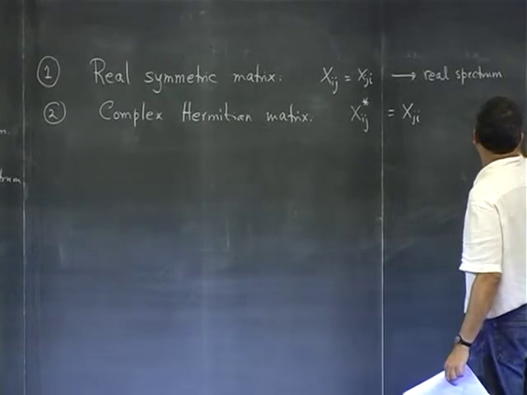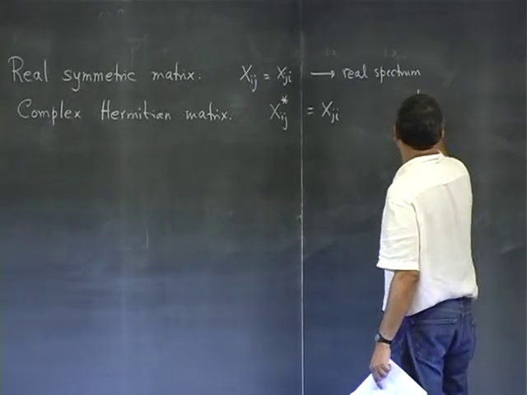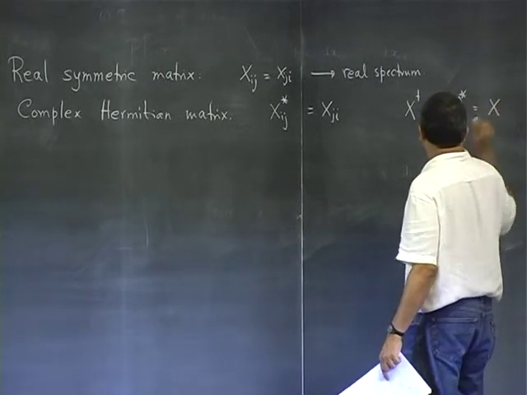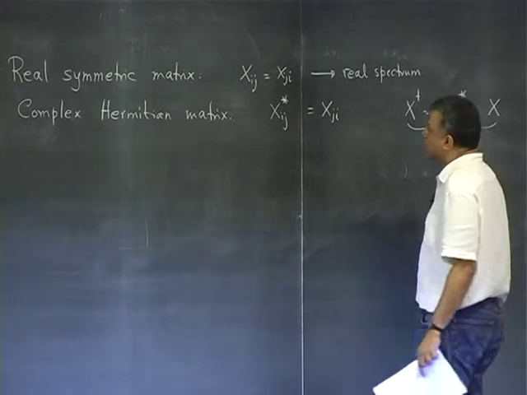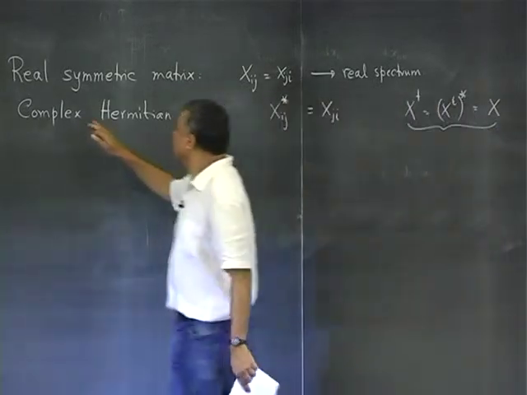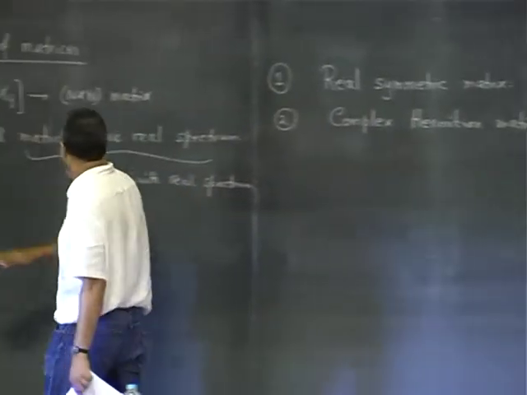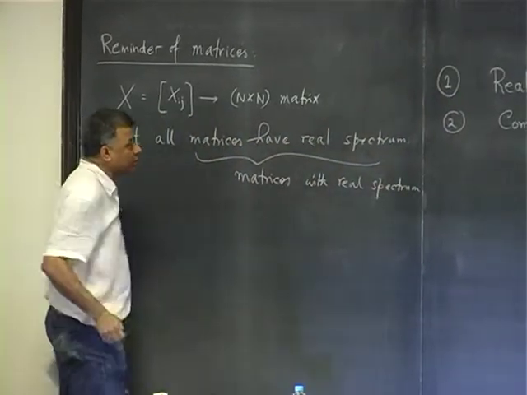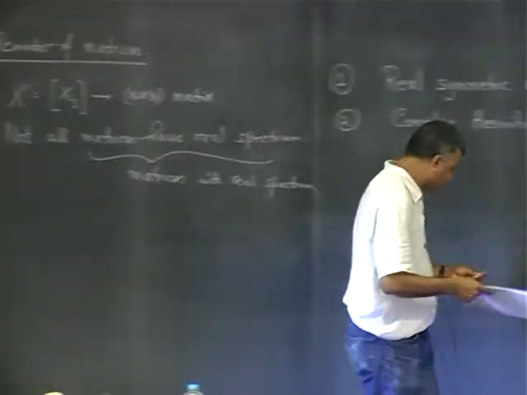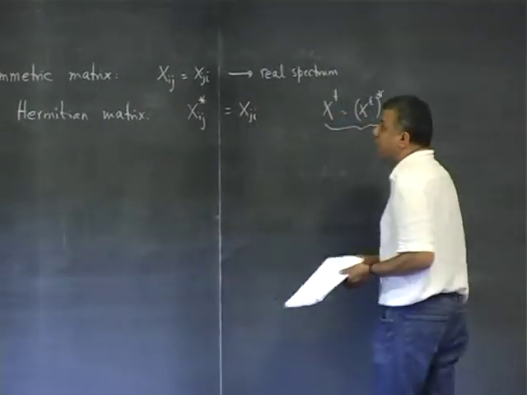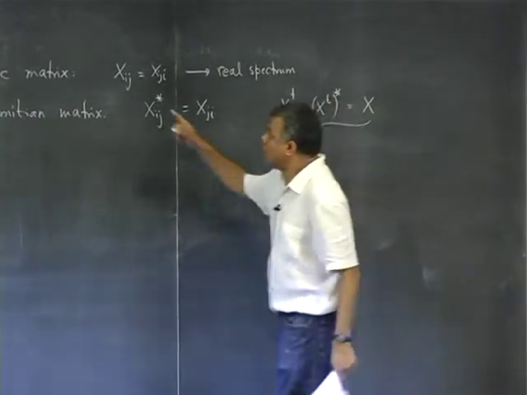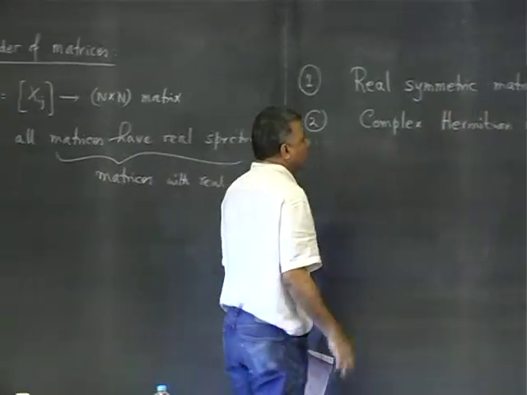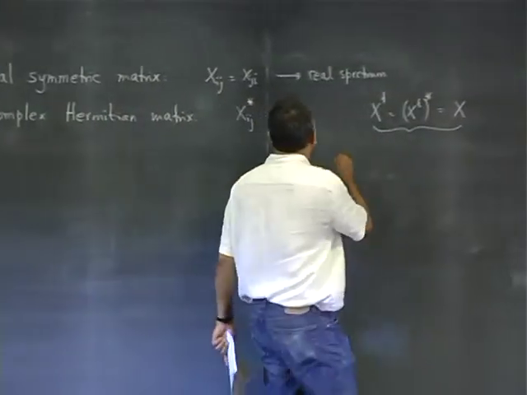That means X dagger, which is X transpose star, is the same as X. This could also be the Hamiltonian of a system in the absence of time reversal symmetry. For example, if you do not have any magnetic field in the system, you can often choose a basis in which the matrix elements are real.